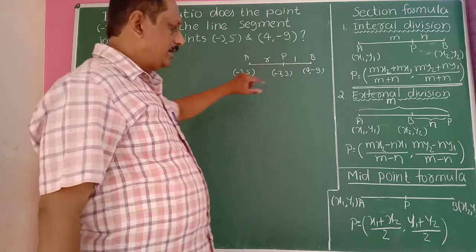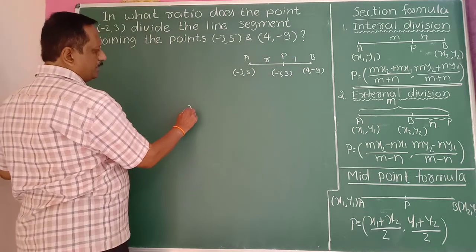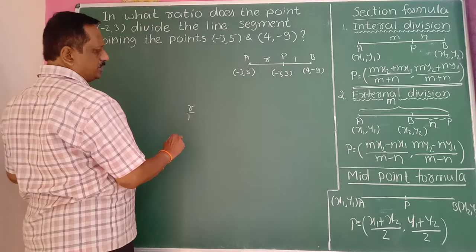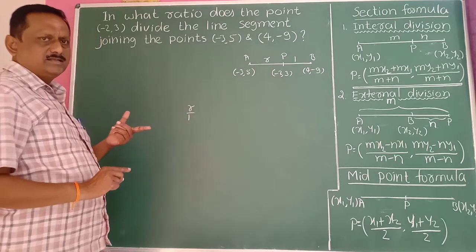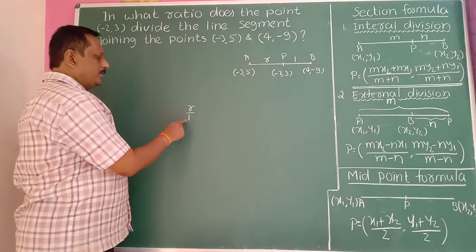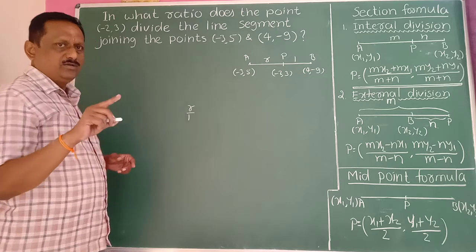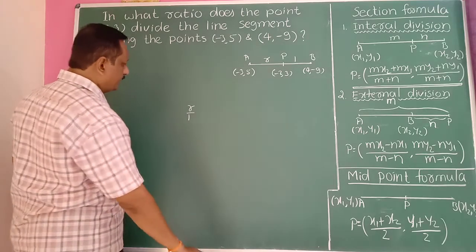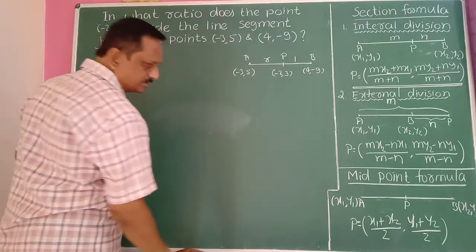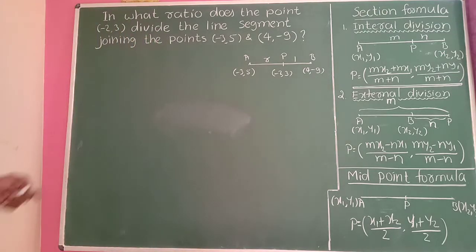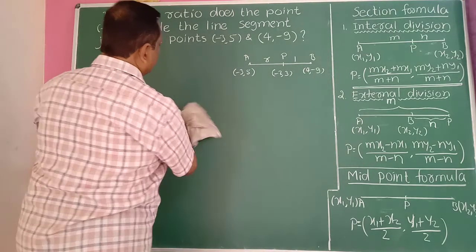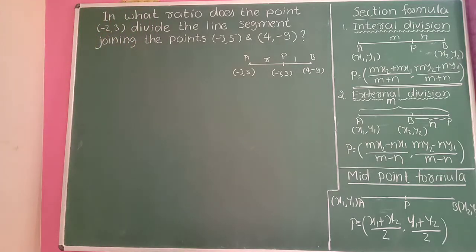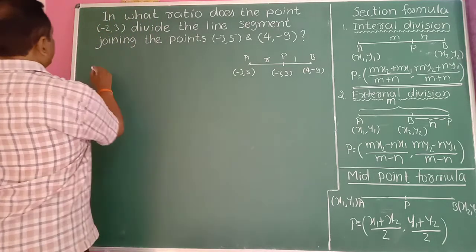Again here, if r upon 1 is a positive quantity, then it is an internal division. If r upon 1 gives a negative quantity, then it is an external division here. So in both cases you get the same result. Sometimes we use this formula also.